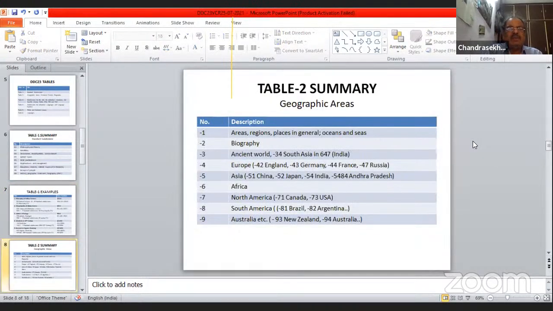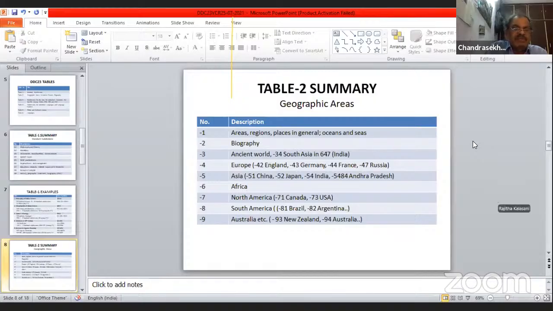So then table 2, I think 46. We have started late. So geographical areas. One is areas, regions, places, general, oceans, names of the oceans and seas there.